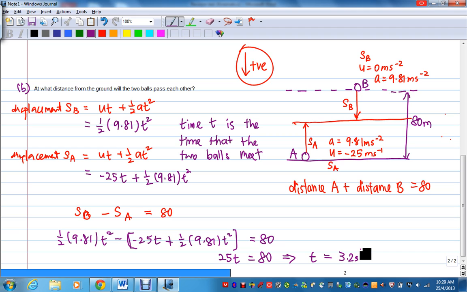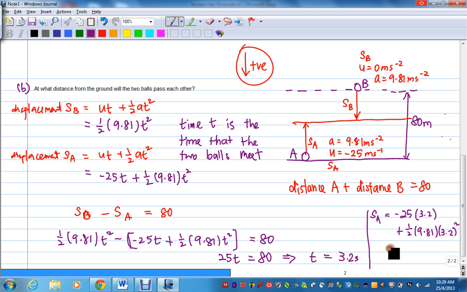So you're asked to find the distance from the ground. That will be finding your SA. After you have t, the distance from the ground will be given by SA. SA in this case is minus 25t, which is 3.2, plus half at squared. Sorry, the time is what we have calculated just now, which is 3.2, squared.